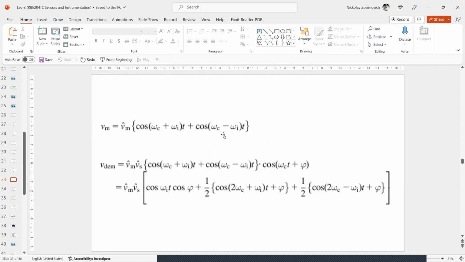The result, as we can see here in the next equation, and with a low pass filter, the components around 2 omega c in this fourth part are removed, leaving the original component with only frequency omega. This component has a maximum value for phi equals 0.